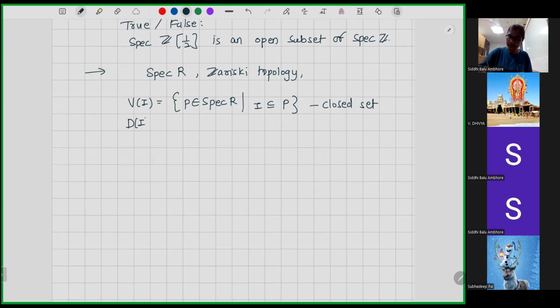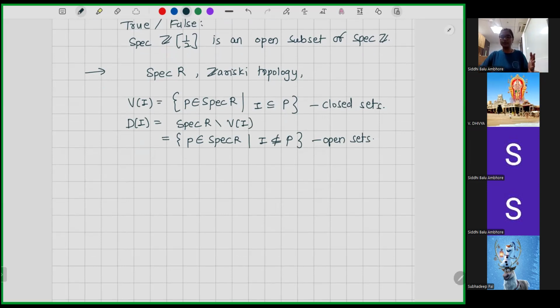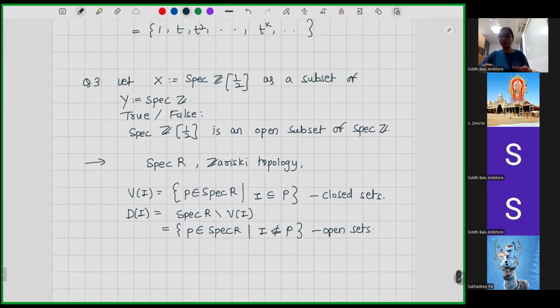And D(I) is Spec R minus V(I), or in fact all P in Spec R such that I is not contained in P. And this forms the open sets of the Zariski topology of Spec R.